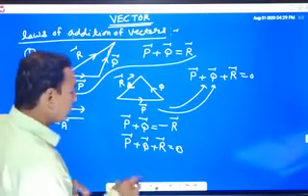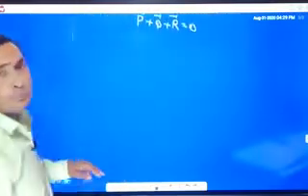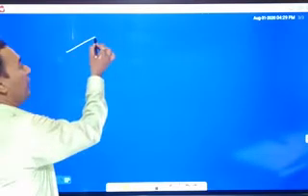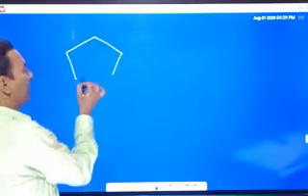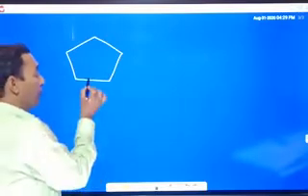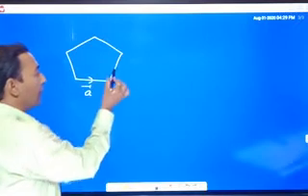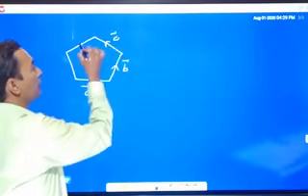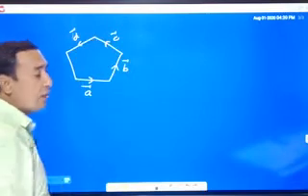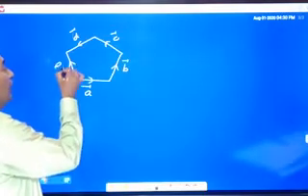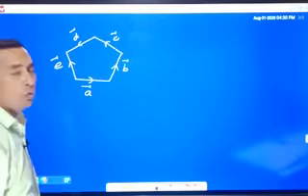Then the second law is the polygon law. This polygon law is applicable when more than two vectors are there. If we take any polygon, pentagon, hexagon, octagon, and vectors are represented by the sides of the polygon in the same order, then the last side of that polygon in opposite order equals the addition of all these vectors.